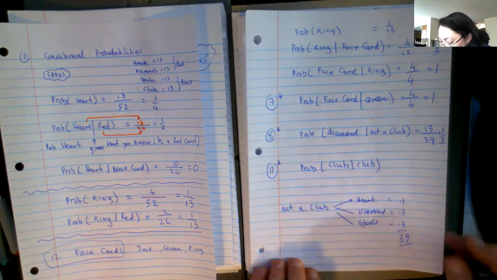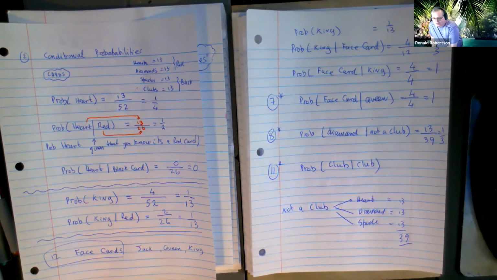Okay, right. This is a downright stupid question, but it is the homework, so let's do it. I don't even need to do any work for this. What's the probability that you get a club given that it was a club? And do not overthink this one. Uh-oh, some of you are overthinking it. If I tell you it's a club, I already know it's a club.